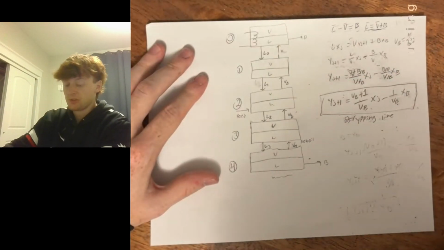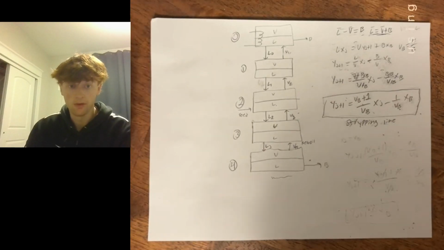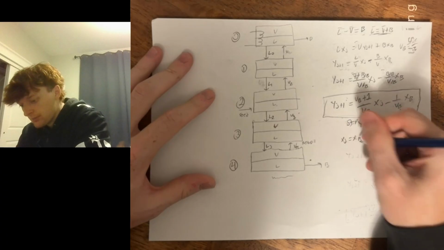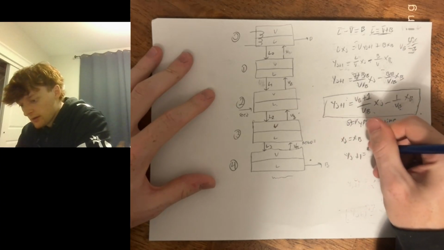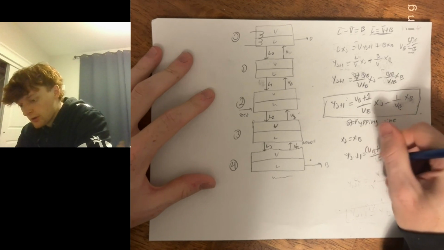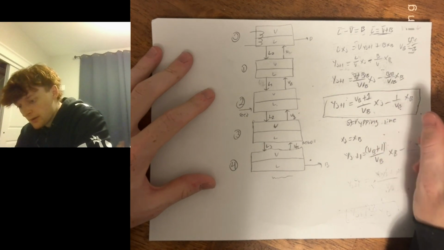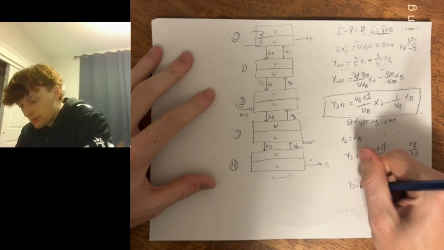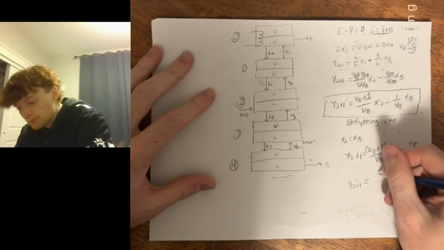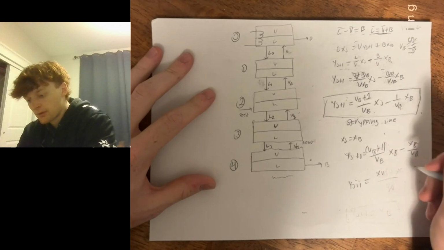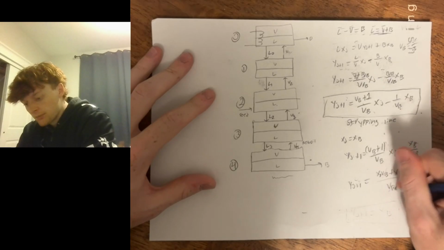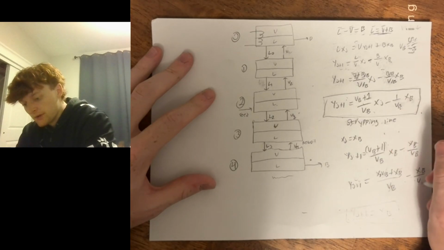So the next thing we need to do is verify that the stripping line is going to start on the 45-degree line where y equals x. So we'll set xj equal to xB and plug that in. And we'll have VB plus 1 over VB times xB minus xB over VB. And we'll have y j plus 1 equals, we'll go ahead and distribute this out, so xB times VB plus xB minus xB.